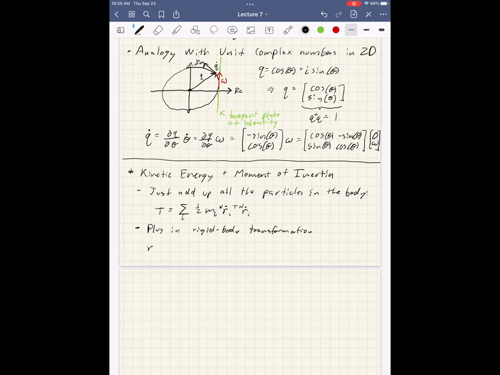So I'm going to write down r in the n frame. I'm going to belabor this and be super explicit about it. To get the position of this particle in the inertial frame, what I want to do is rotate, and this is going to be a function of time, right? And I'm going to assume, again, that at t0 the body and inertial frames line up or something like this.